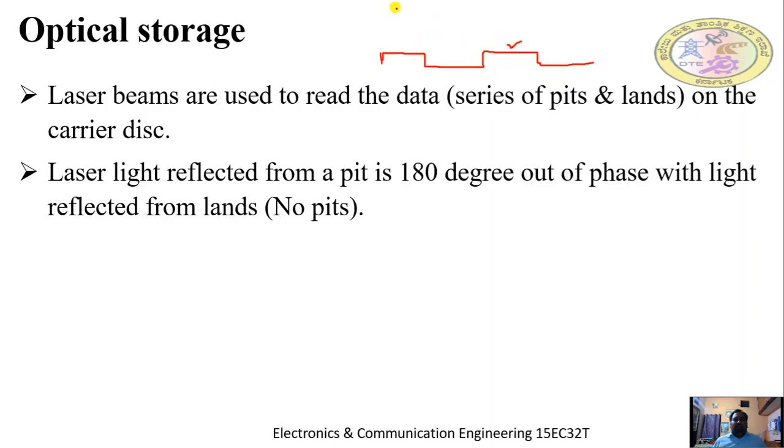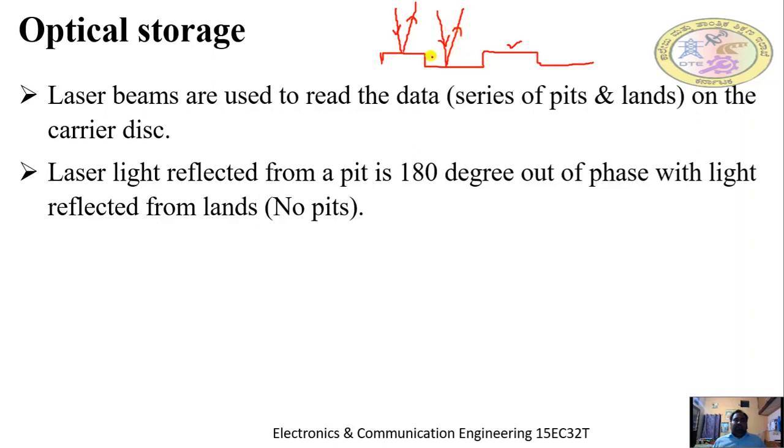So whenever laser light is made to fall on the no pit region or land region, and the reflected light is collected at the photodiode, in the same manner, whenever the laser beam is made to fall on the pit region and its reflected light is collected at the photodiode, there is a difference here.